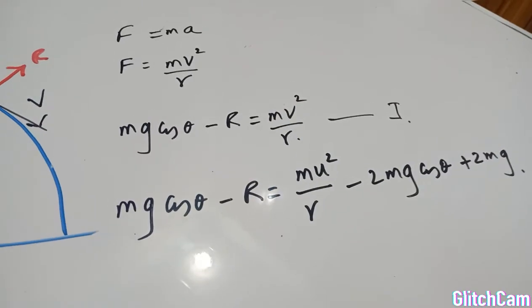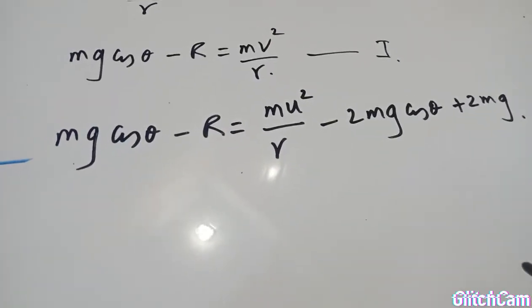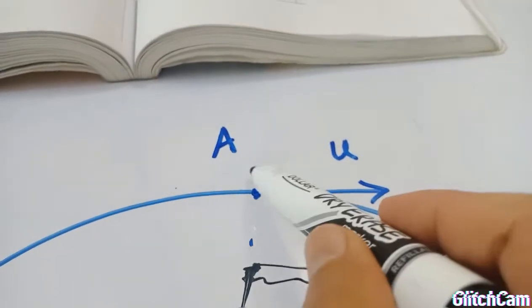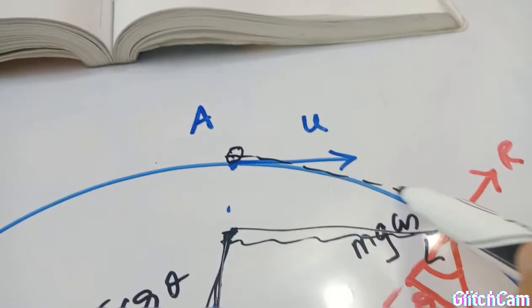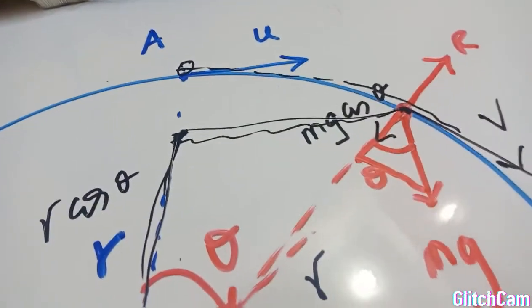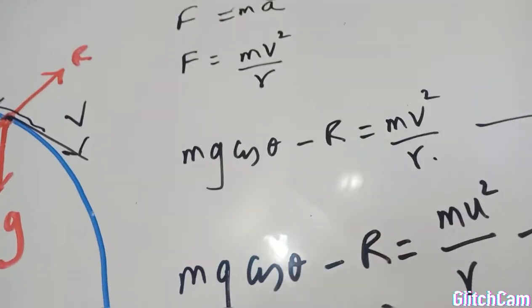I'm just going to get the value of minus r, because basically I'll be putting r equal to 0. You see, when this object started from here and is going up to this, when it loses contact with this circular surface, then r will be 0. So we can put r equal to 0 over here.